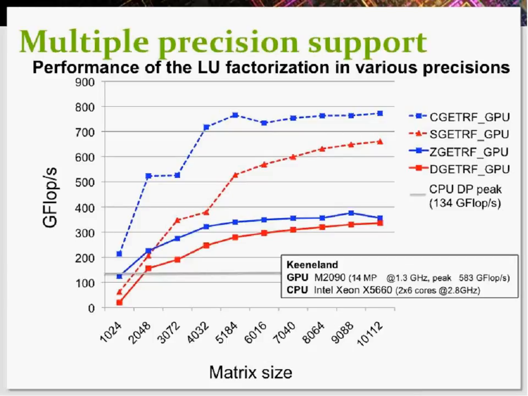This is just to illustrate what kind of performance we get, in particular for LU. You can see all performances are very well optimized, and in general, the complex performance is a little bit higher than the real precision performance, because the arithmetic intensity is a little bit higher. With the most recent Kepler GPUs, for example, this has changed.